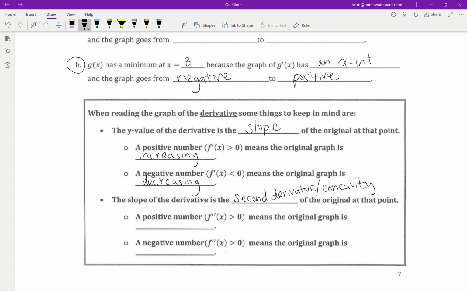So a positive number means the original graph is concave up. A negative number means concave down. Okay, we will pause here then.